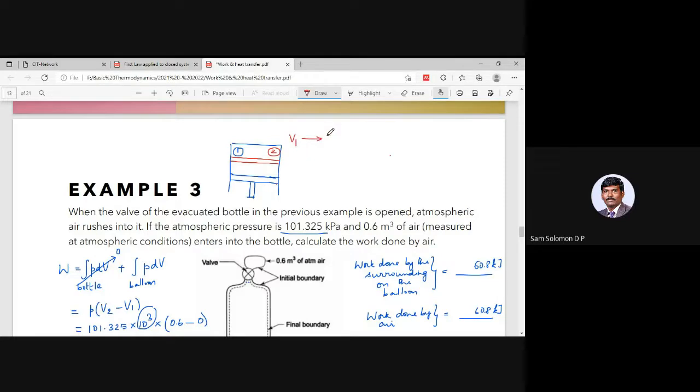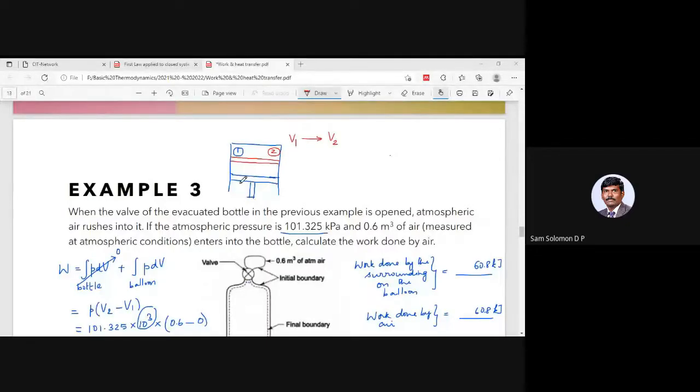I am moving from V1 to V2, so there is a reduction in volume. But who is doing that compression? Someone external, some external force outside this piston, is compressing this air.